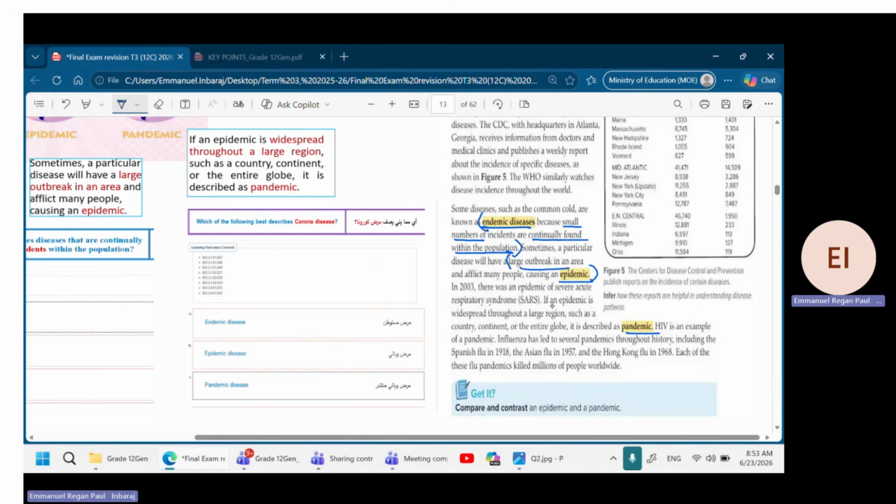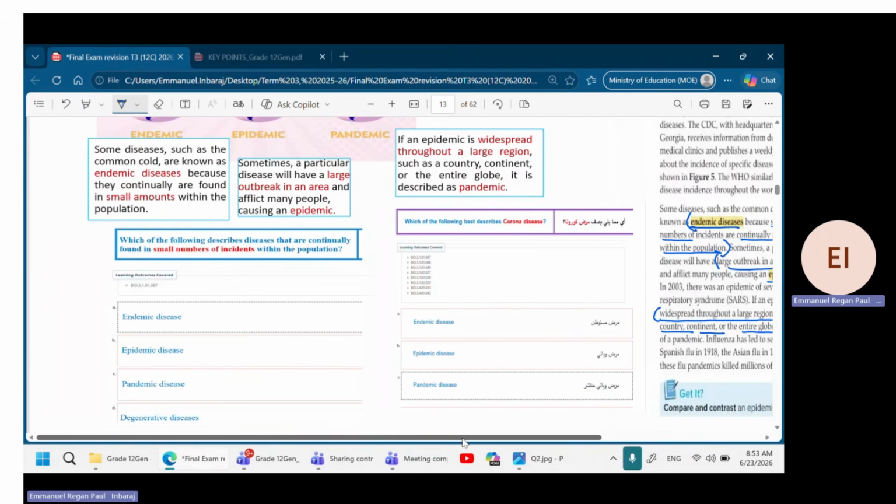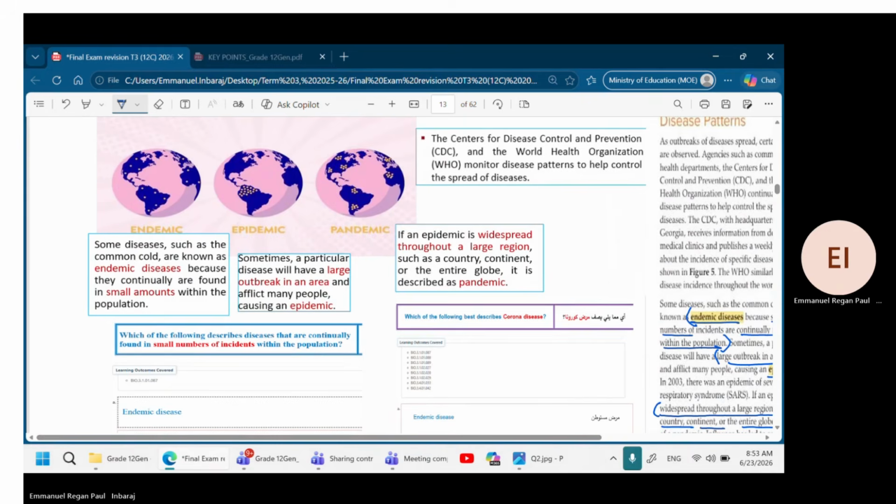Widespread throughout the large region, such as countries, continents, and the entire globe, is called pandemic. These are the three keywords. So there are three types of diseases.